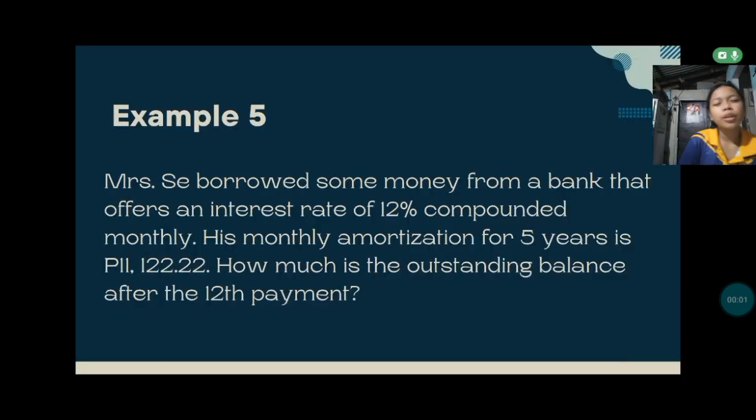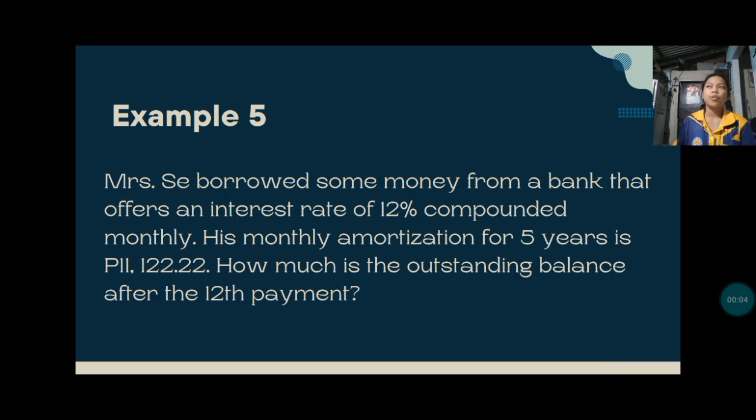So now we're going to move on to our last example, which is example 5. Mrs. C borrowed some money from a bank that offers an interest rate of 12% compounded monthly. Her monthly amortization for 5 years is 11,122.22. Now, how much is the outstanding balance after the 12th payment?